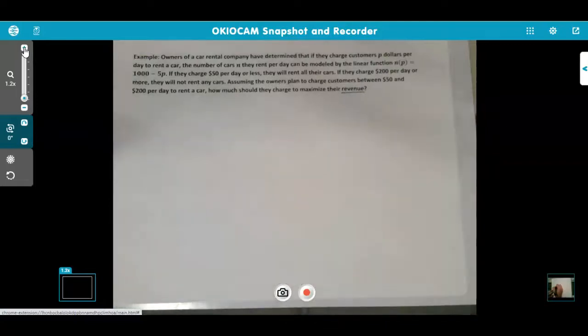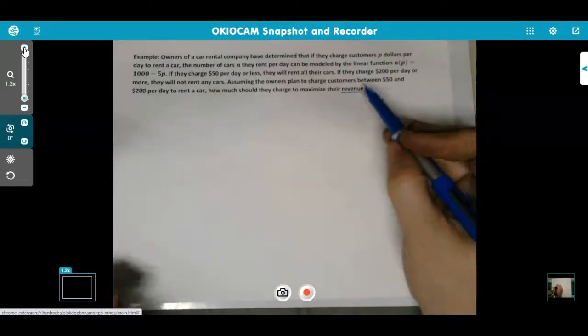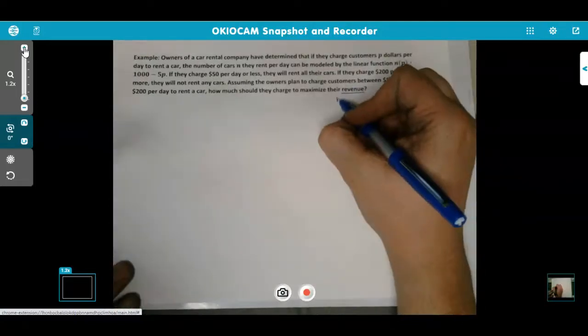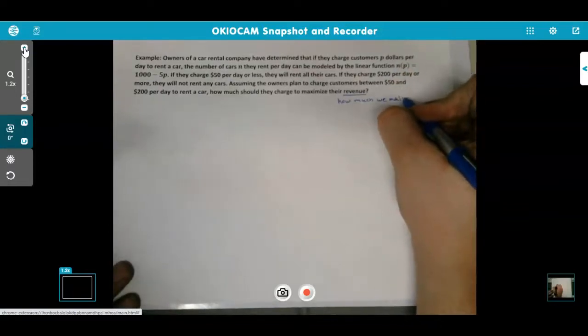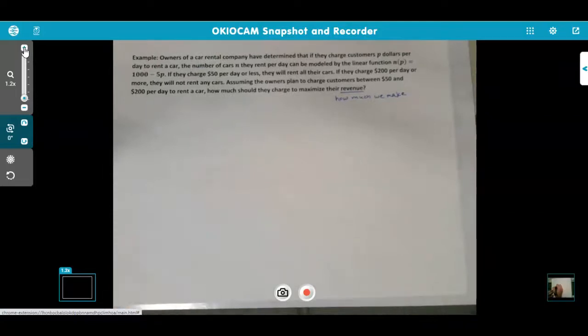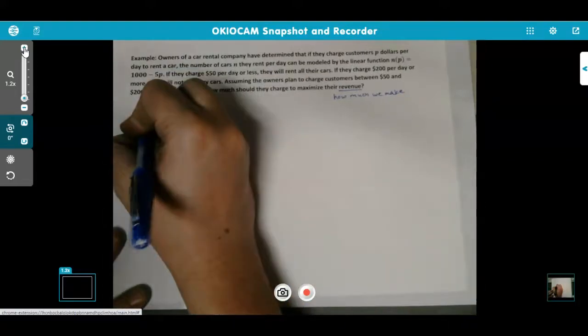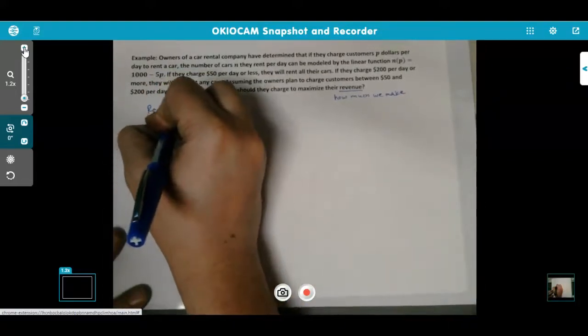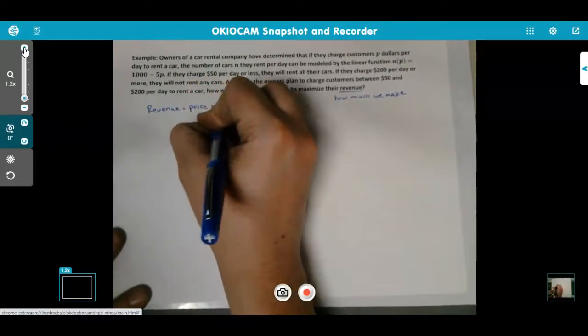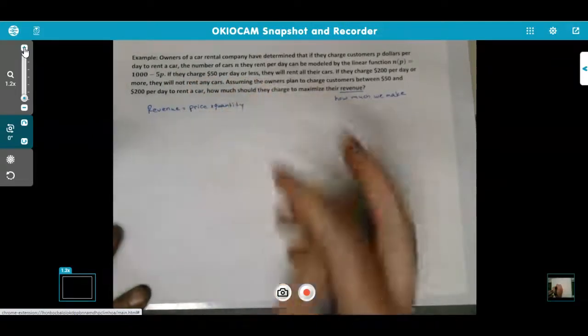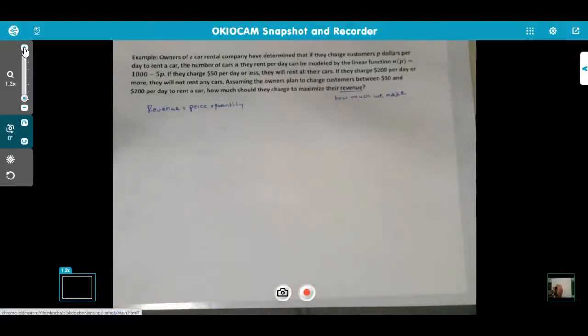So the first thing is to really know what this word means. This is how much we are going to make. So what this means is I want to know how much I'm going to bring in, right? Well, the revenue is going to be equal to whatever the price is times the quantity I'm going to rent out. That's going to tell me how much I'm going to bring in, okay?